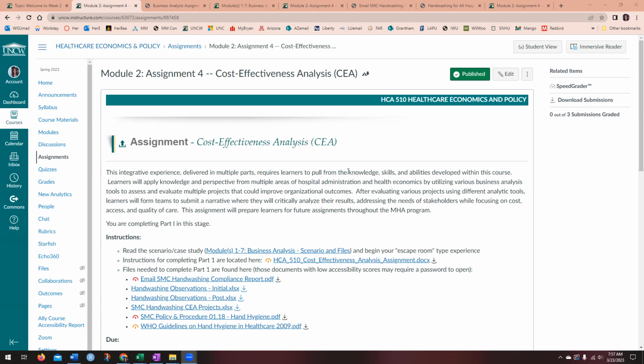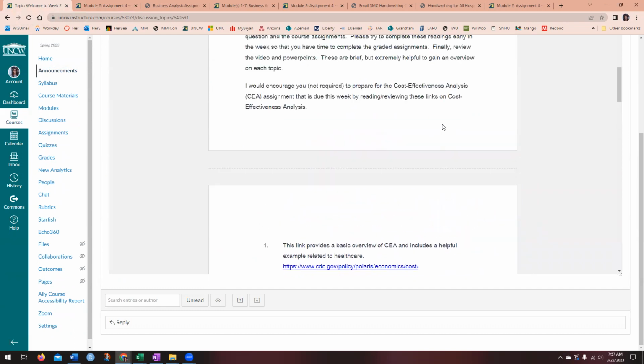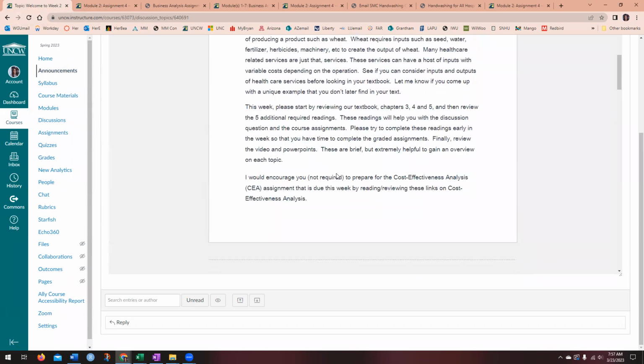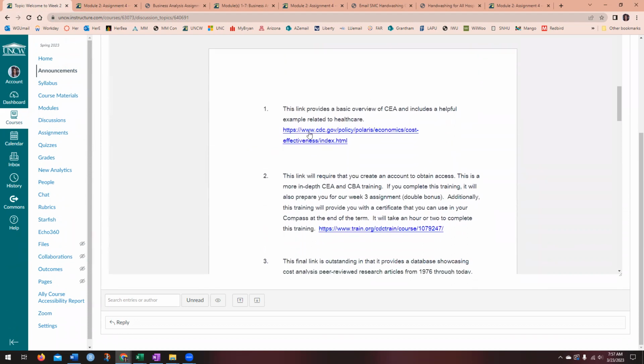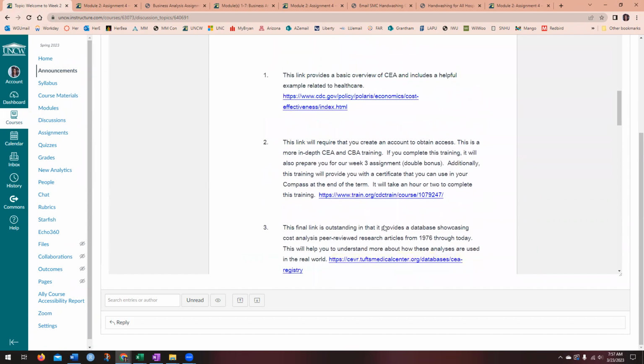So before we get started on really digging into what this means, I thought I'd point you to our week 2 announcement that's posted in the announcements. It has some information about the week, and then it details an overview of cost effectiveness analysis. There's 3 different links. One has previous research, so you can see how it's used in the real world.